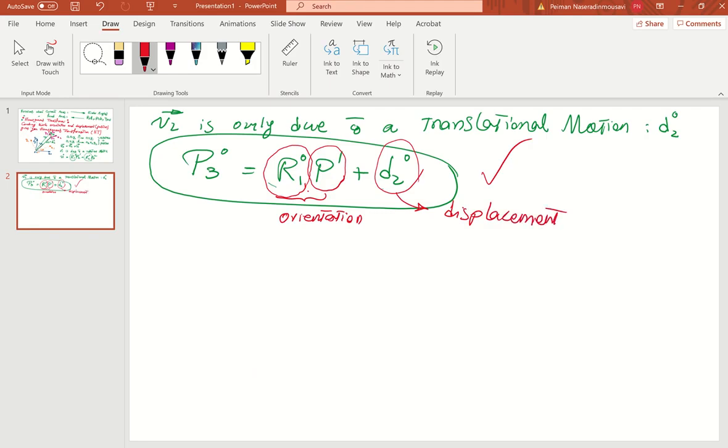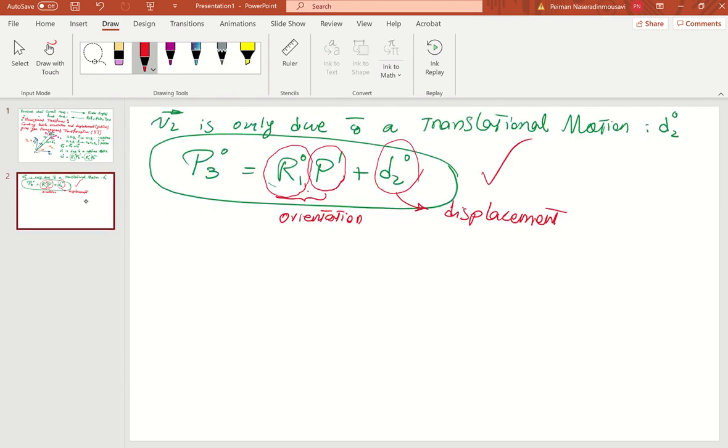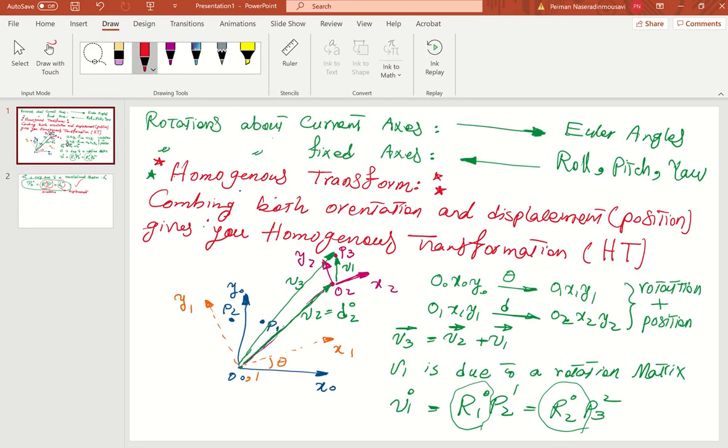Again, I'm explaining. It says point 3 with respect to the fixed coordinate system O0, X0, Y0 is P1. This is the point's coordinate in the fixed frame. When you rotate that, you get P2.